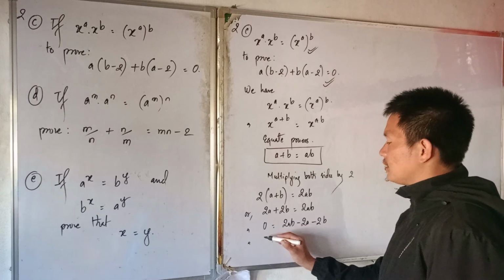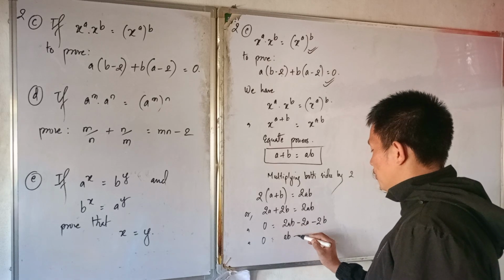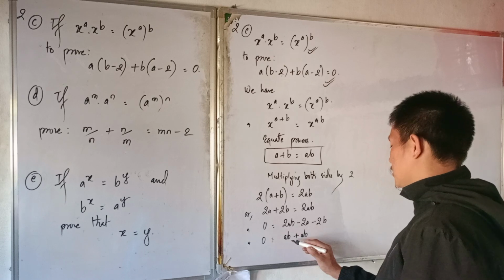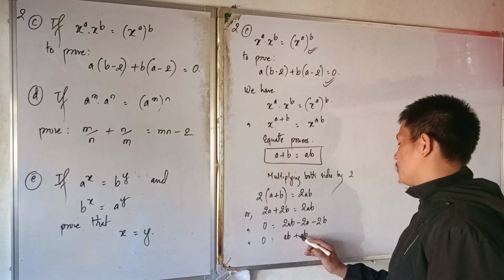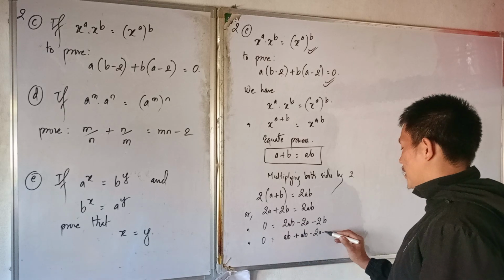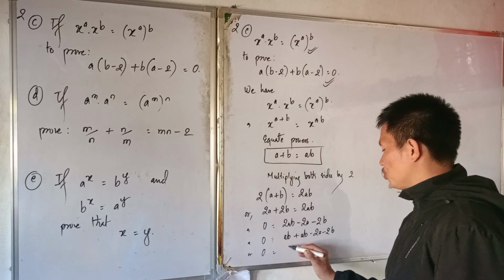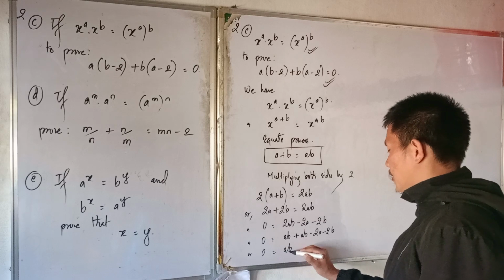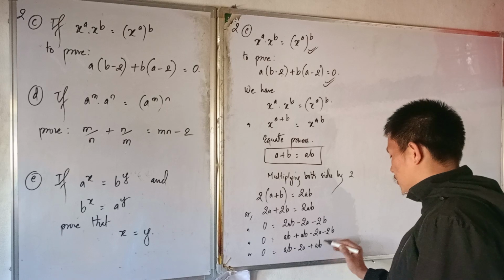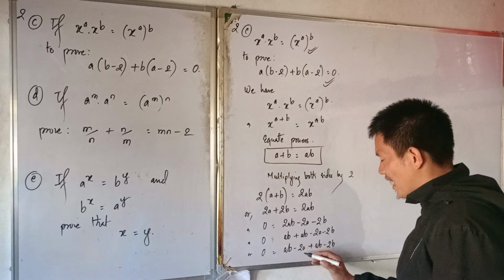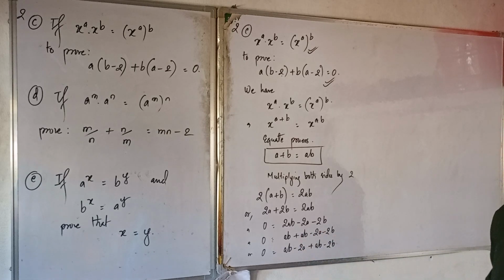Now just break this down: 2ab can be written as ab + ab, with minus 2a minus 2b as it is. Distribute: ab - 2a + ab - 2b, which is the same.